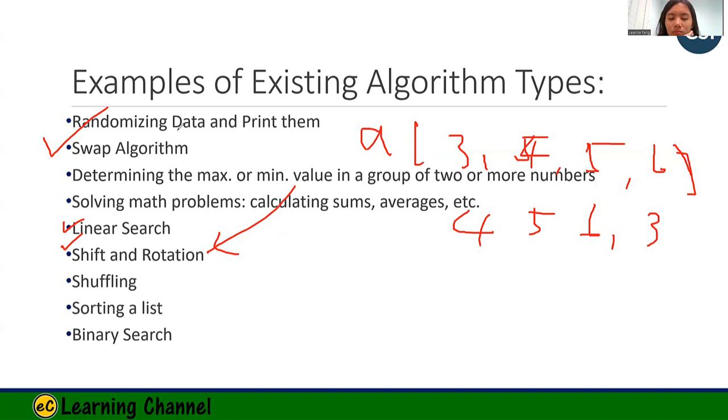I rotate to the left. So 3, 4, 5, 6 will become 4, 5, 6, 3. How can I do this rotation? This one may be tested in the multiple choice.